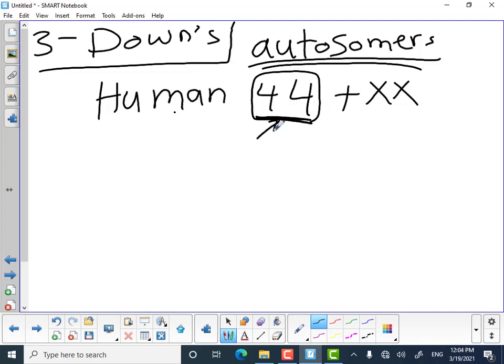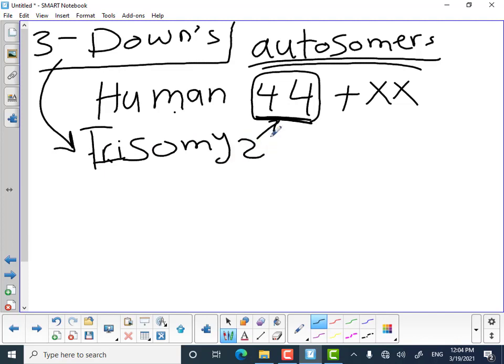Down syndrome has another name, trisomy 21, due to abnormalities in chromosome number 21. The normal number of chromosomes is pairs, like we know in the karyotype.